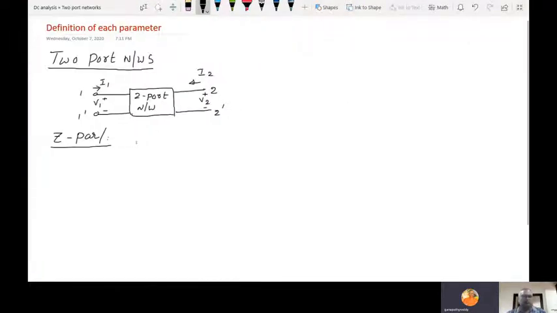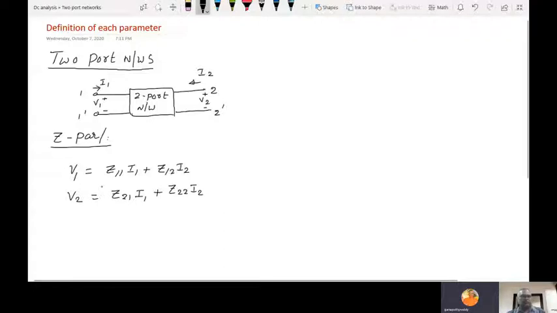So what is Z parameter? V1 is equal to Z11 I1 plus Z12 I2. V2 equal to Z21 I1 plus Z22 I2.